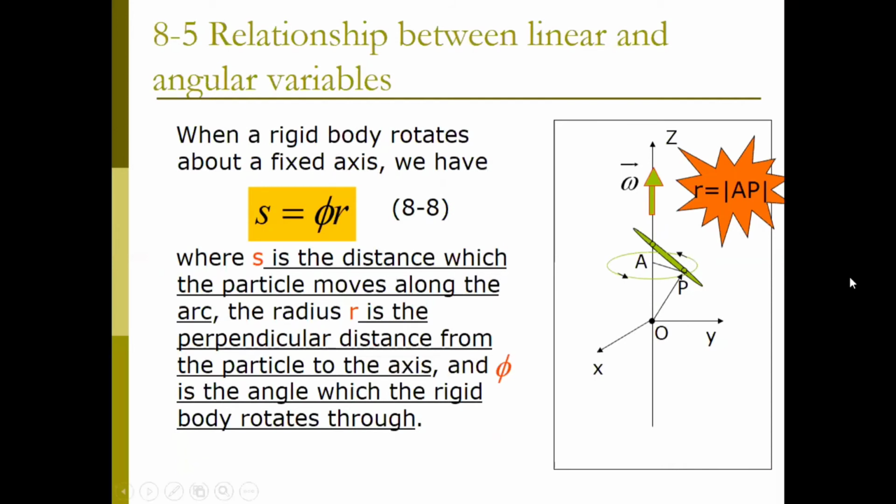As shown here, s is the distance which the particle moves, r is the radius, and theta is the angle.